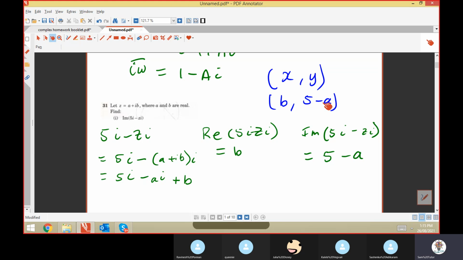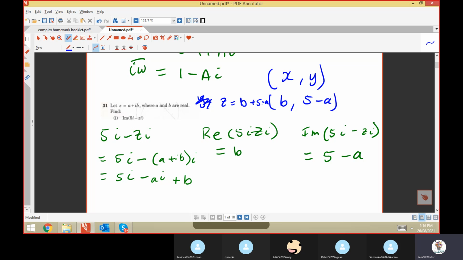So this format is trying to tell you the location of this term and of this term. But when we're writing them as complex numbers, if I didn't have the i, it would look like this, b plus 5 minus a. How do I know which one's x and which one's y?